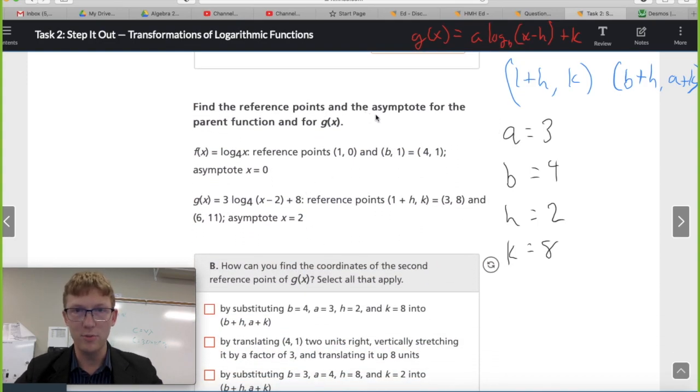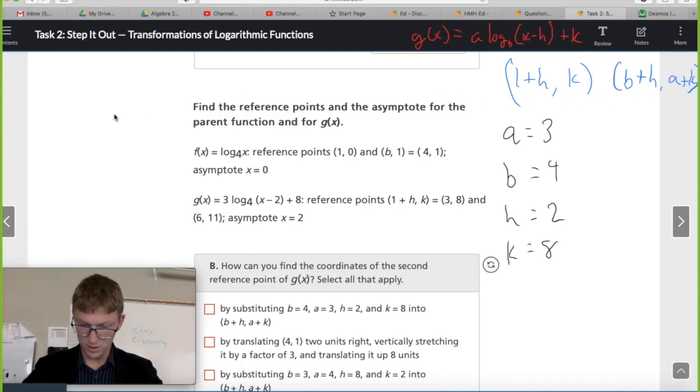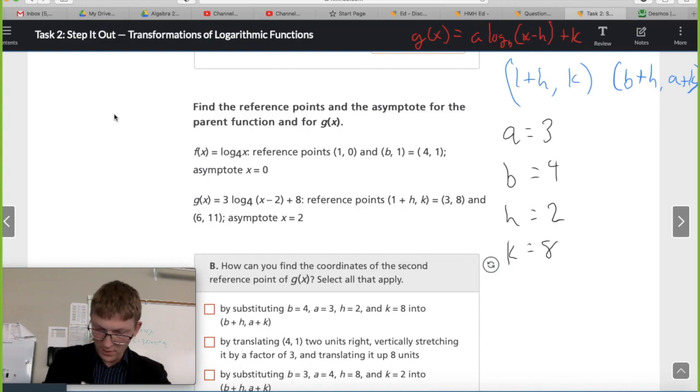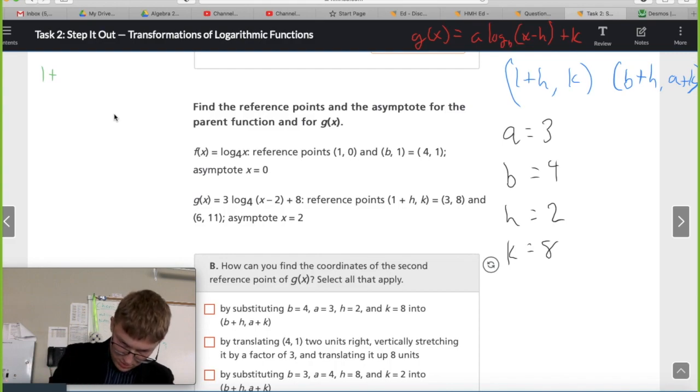So find the reference points and the asymptote of the parent function for g of x. With all of this information, we should be able to plug it into here. And so we would know that our first reference point, I'll do it on the left, is 1 plus h. h is 2, so we're going to have a 3 there. And then k is 8.